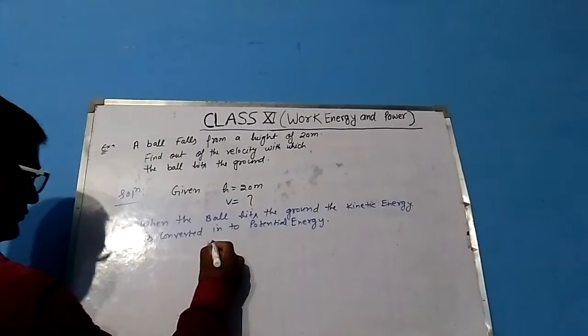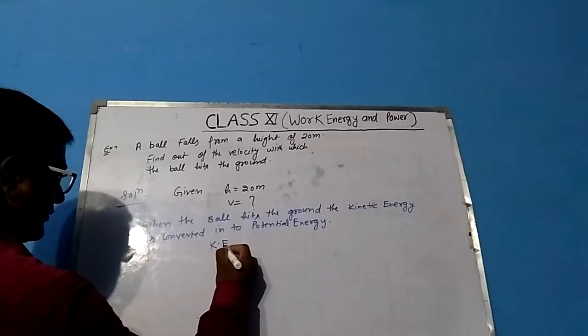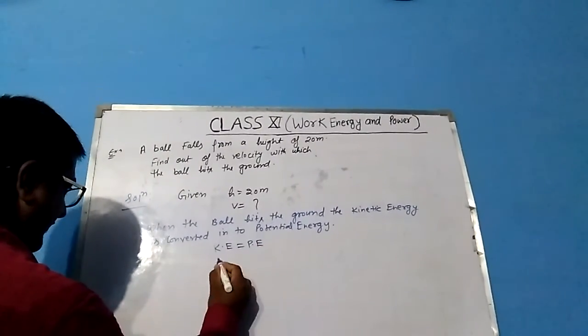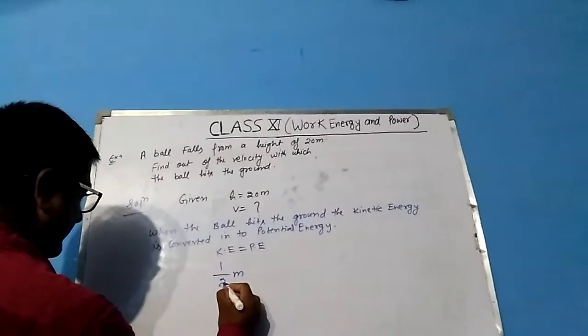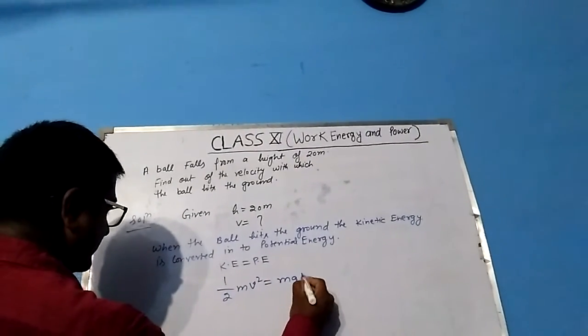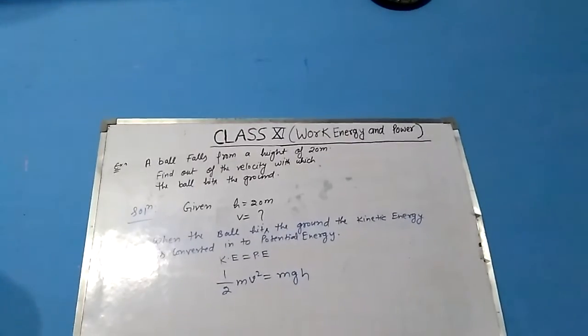So kinetic energy equal to potential energy. It means half mv square equal to mgh.